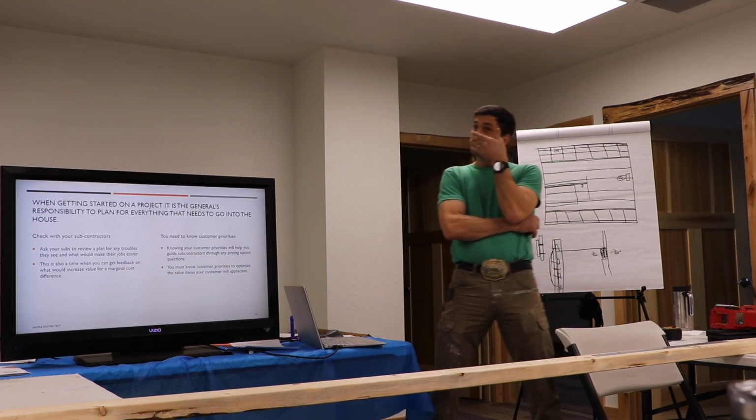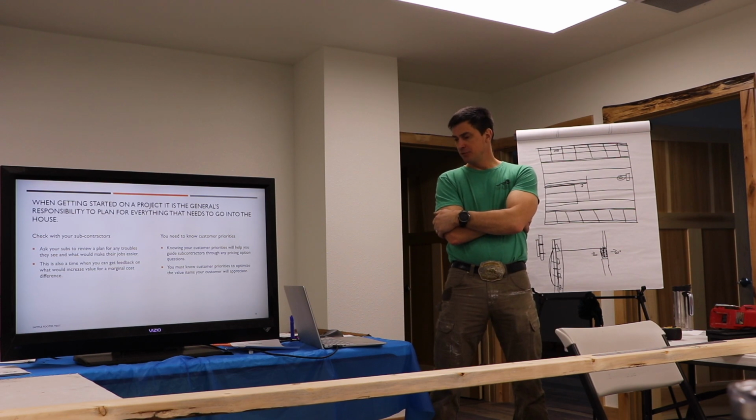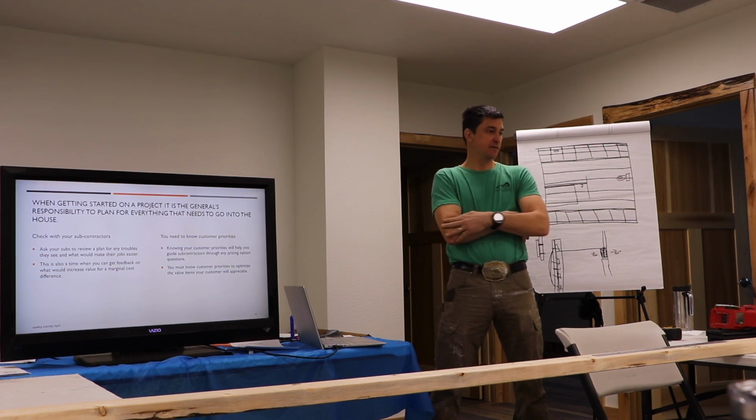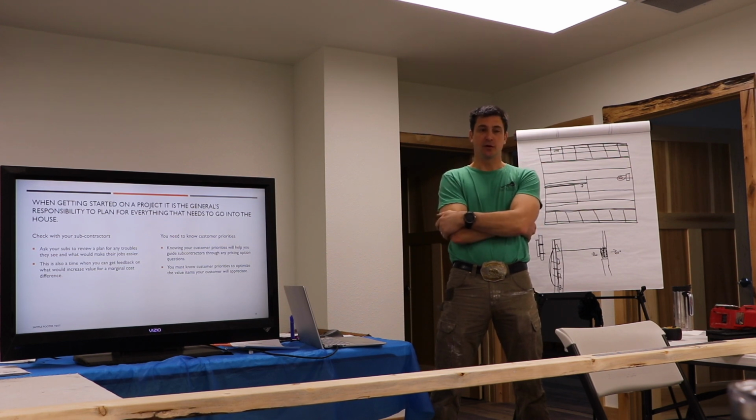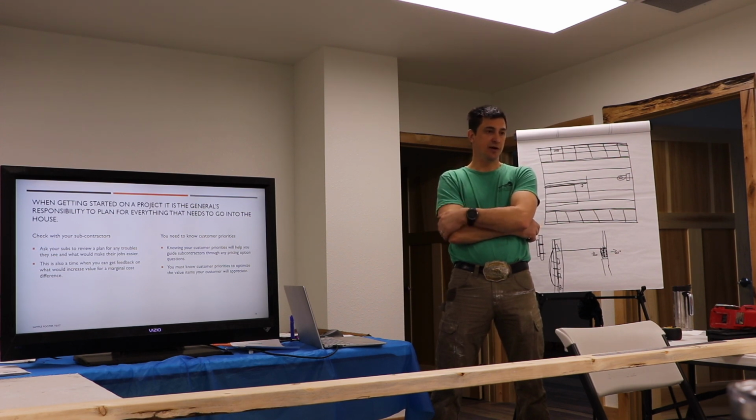Anytime you're starting on a project, you really need to get a drawing and spend a little bit of time getting familiar with it so that you're aware of what's going in. There should typically be a window schedule on a drawing that tells you window sizes, header sizes, and window heights.